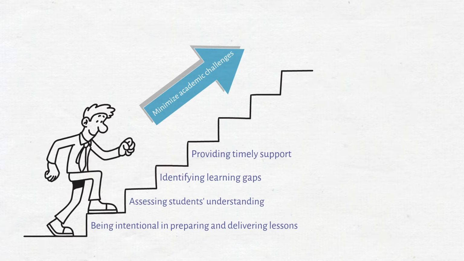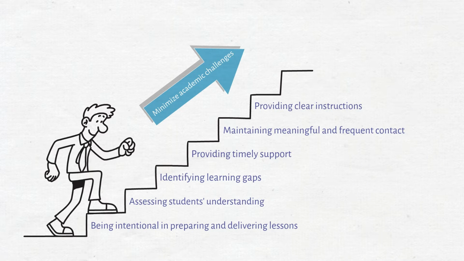To improve communication with students, teachers need to maintain meaningful and frequent contact with students and families and provide clear instructions for when and how to contact them regarding students' academic needs. Teacher-student and teacher-family relationship problems can be decreased by being empathetic, authentic, and intentional, building trust and responsiveness.